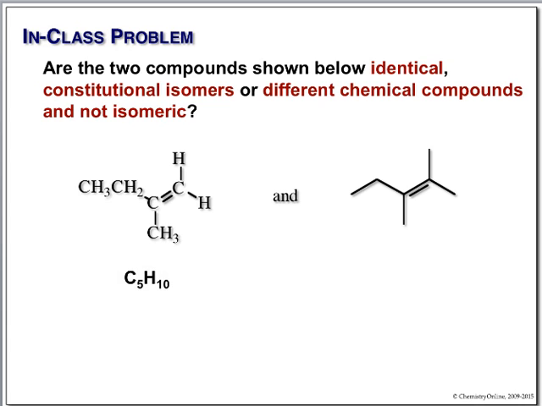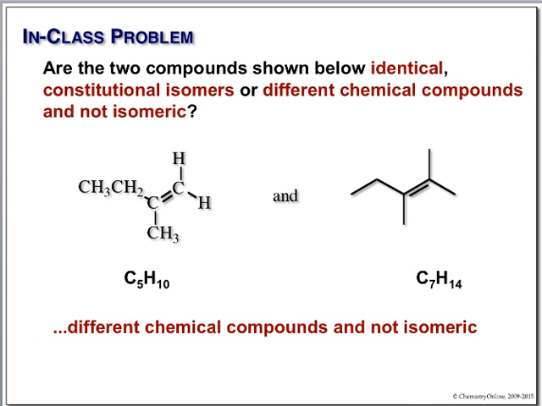Total of C5H10. Over here, we have 1, 2, 3, 4, 5 carbons in our chain, and 2 CH3 side chains. C7H14, these are different, aren't they? They are not isomers, they are different chemical compounds.